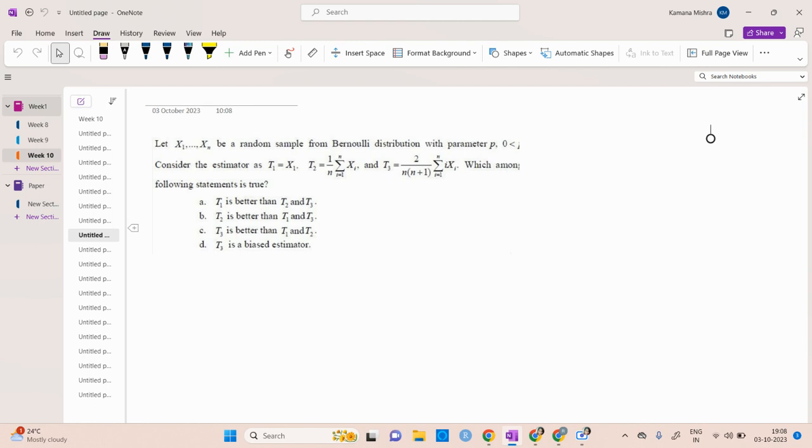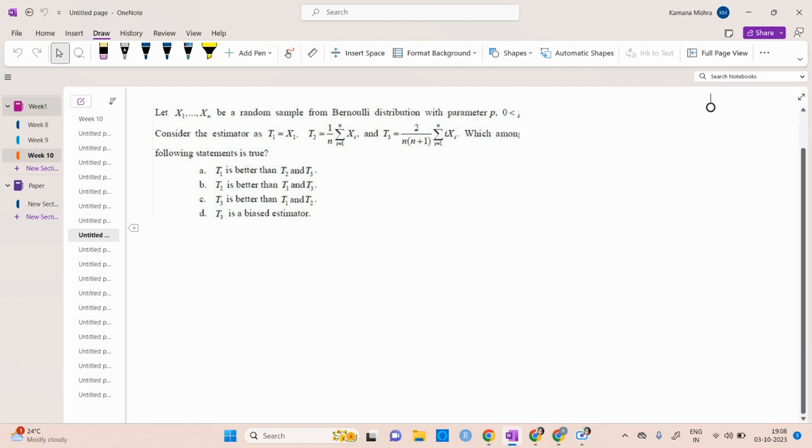So we have three estimators. For all three, we will find the expectation firstly, and if there is any estimator whose expectation is not equal to the real expectation, which will be p, then we will just remove it in the first step.